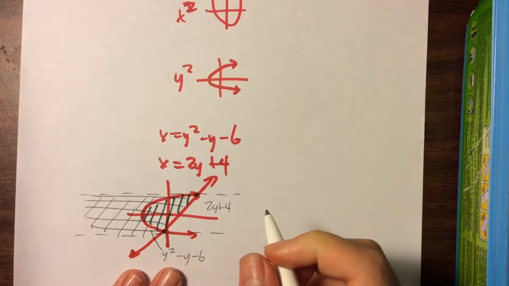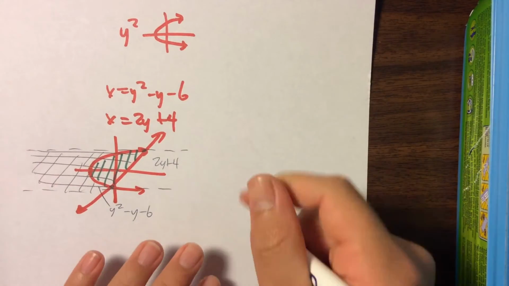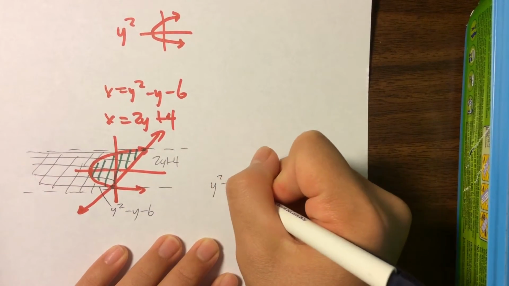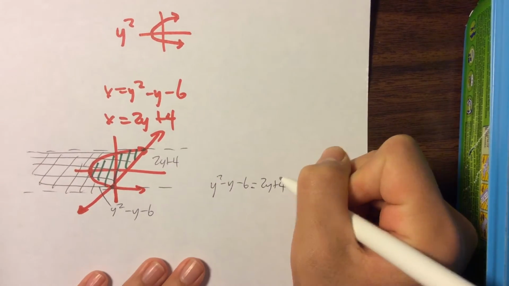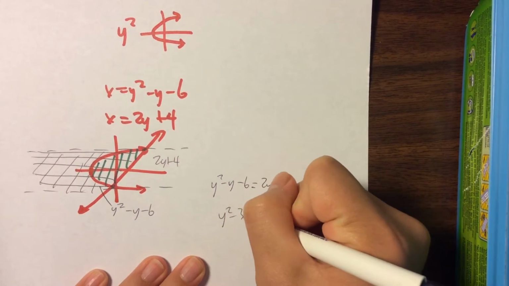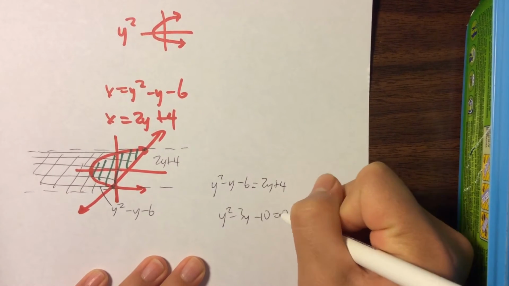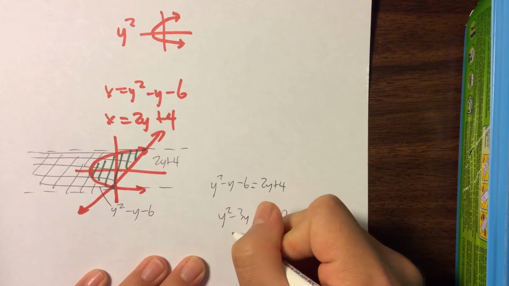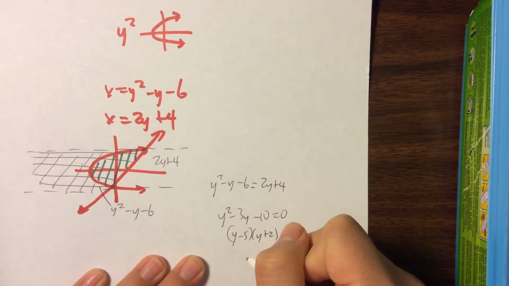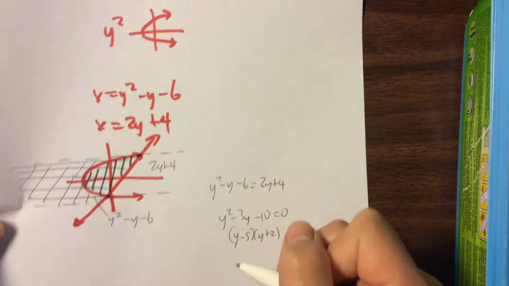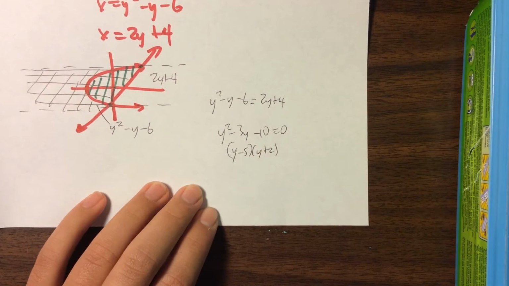So to find our intervals, again, we set them equal to each other. So we have y squared minus y minus 6 is equal to 2y plus 4. And then we have y squared minus 3y minus 10 is equal to 0. And then to factor, we get y minus 5 times y plus 2. So then our interval will be from -2 to 5.